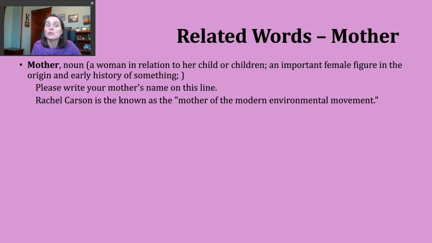A second way you'll hear the noun mother used is to talk about important female figures that were either responsible for creating or starting something or very involved in the early history of something. So, an example of this, Rachel Carson is known as the mother of the modern environmental movement.